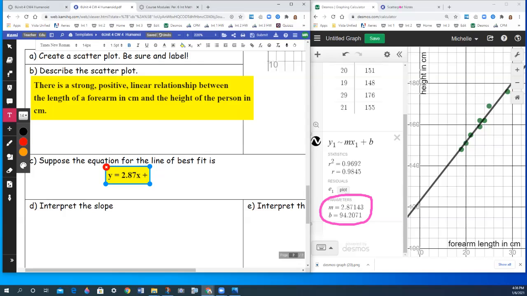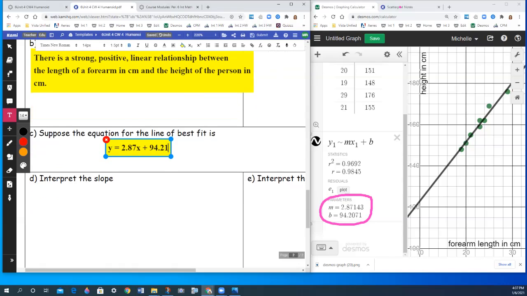So my Y equals 2.87x plus my Y-intercept, which is the B, 94.20, and I'm going to round that up to a 1. I'm pushing the 0 up to a 1 because of the 7. So that's our line of best fit. That's our LSRL.